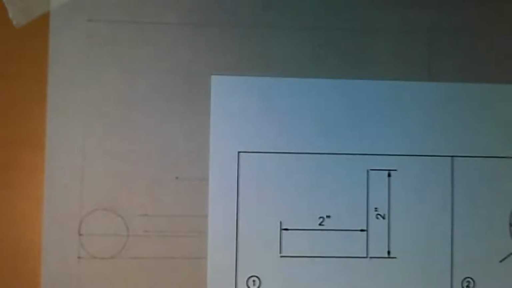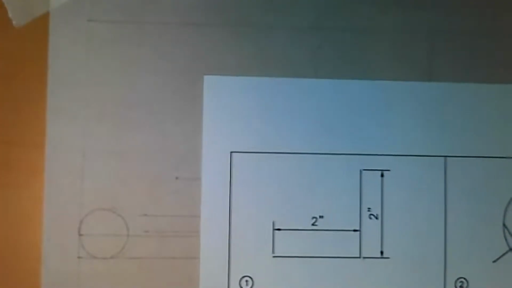So what we're going to do now, we're going to practice making some circles. Just get a separate piece of paper like I've done. You don't have to tape it down or anything.